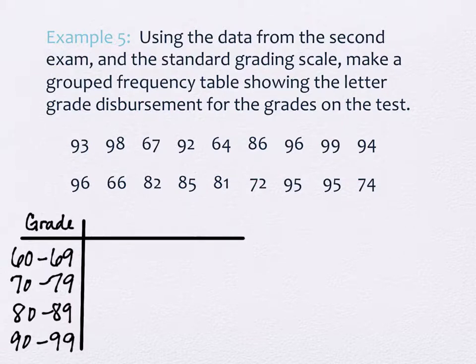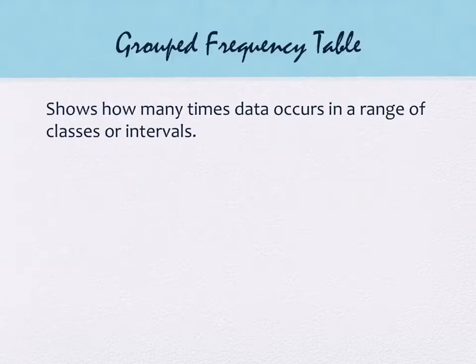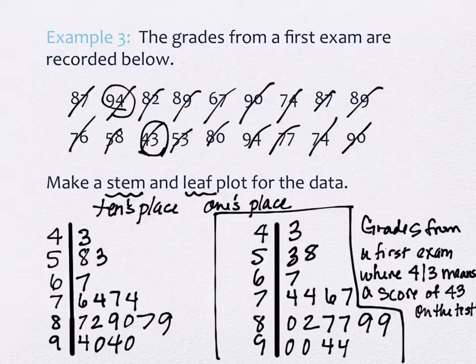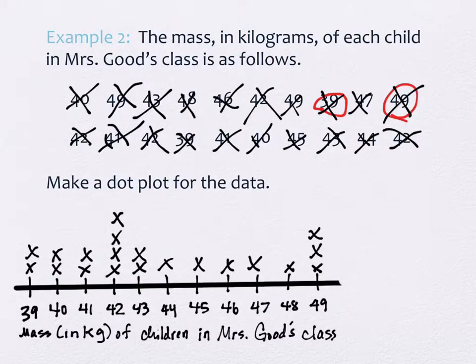Now notice a few things. We had a natural ordering to this one, and we knew that they're 10 apart. We have that for free on this problem. If we had used the data from last class time, Miss Good's class of children, and somebody said to create a grouped frequency distribution, we wouldn't have that natural ordering. We would have to create it.